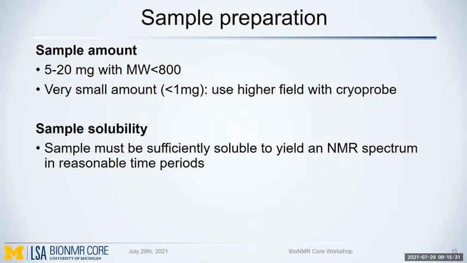And for sample solubility, the sample must be sufficiently soluble to yield an NMR spectrum in a reasonable time period. So check your sample and see if it precipitates out. If it does not dissolve very well, your sample concentration will still be low, and you won't get good data in a short time.